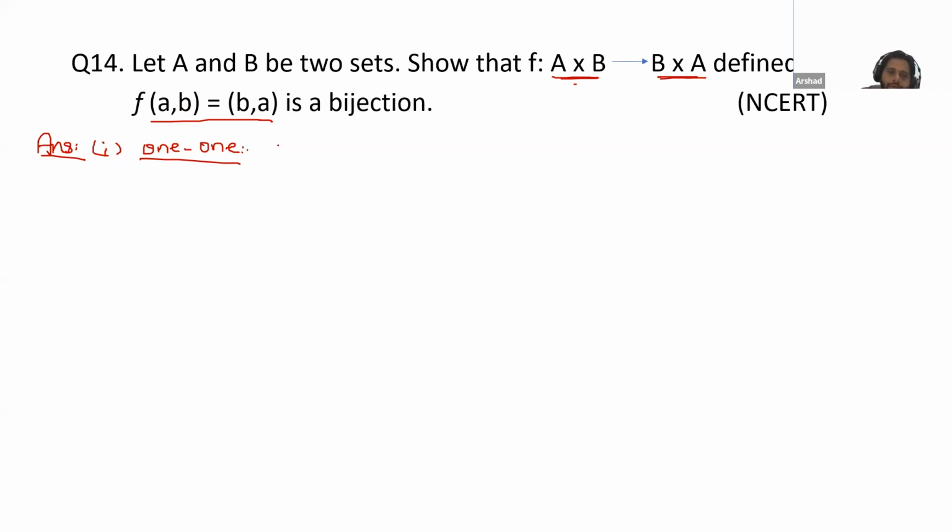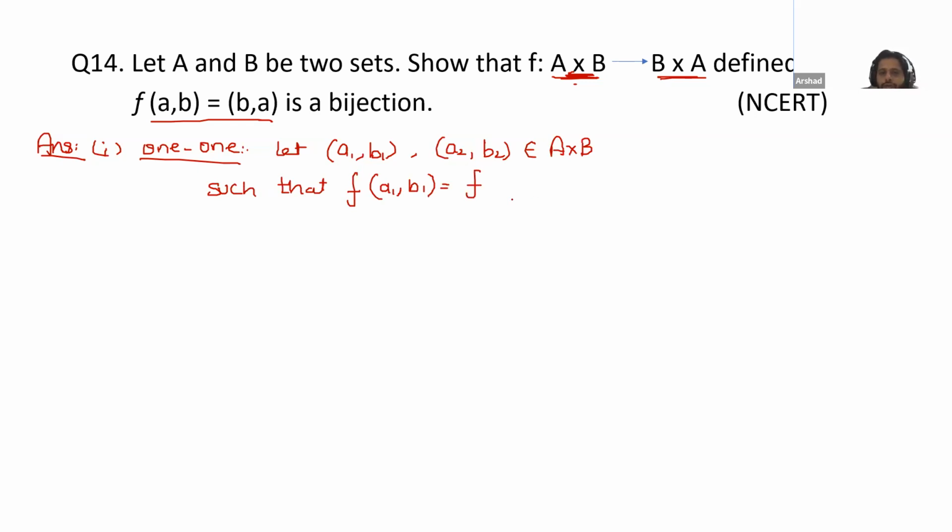So first of all, we will assume a value from the first set, and this is an ordered pair. So we will assume two values: let (a1, b1), (a2, b2) belong to A cross B such that f(a1, b1) is equal to f(a2, b2).